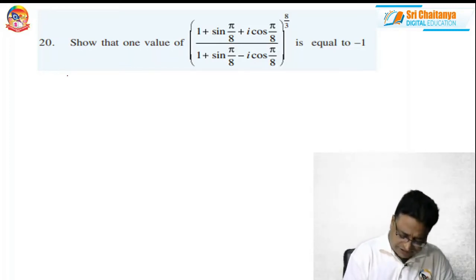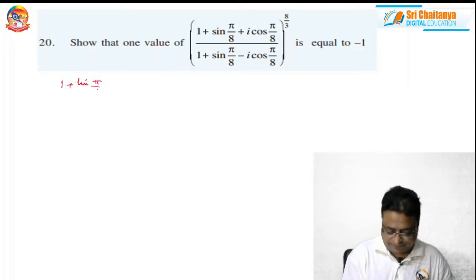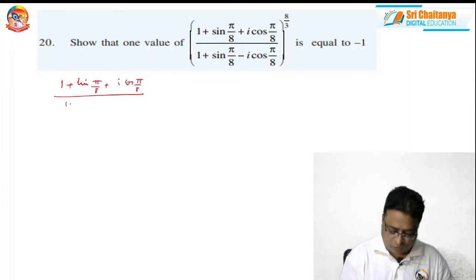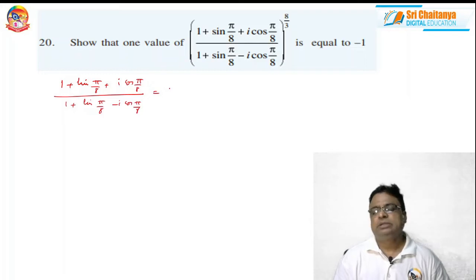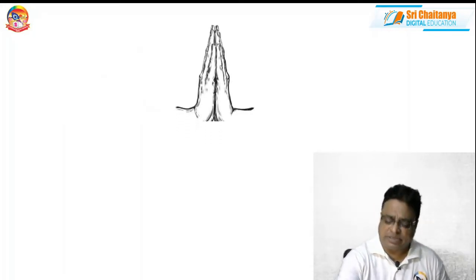Okay, first, what is (1 plus sin pi by 8 plus i cos pi by 8) by (1 plus sin pi by 8 minus i cos pi by 8)? See, there are several ways to prove this problem.